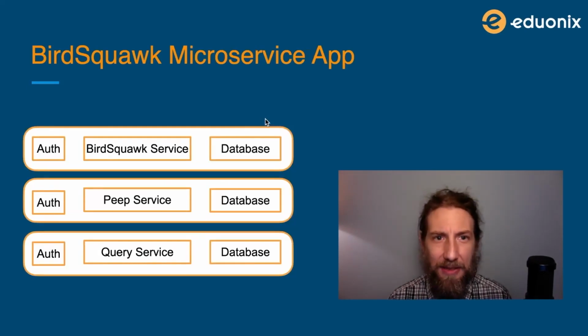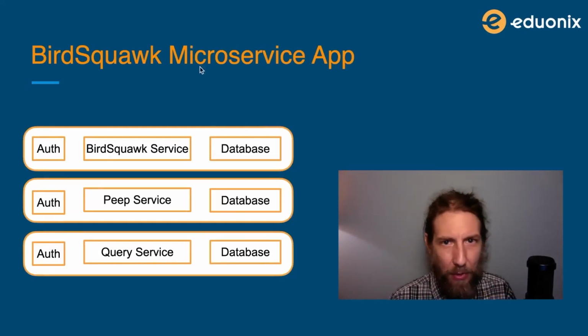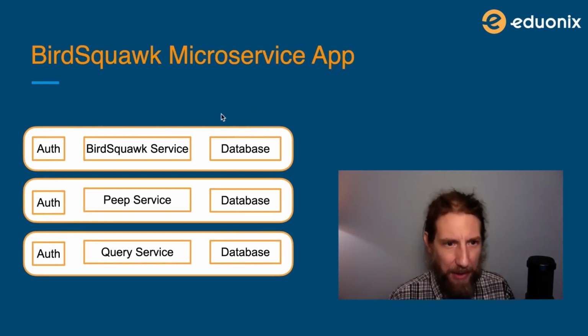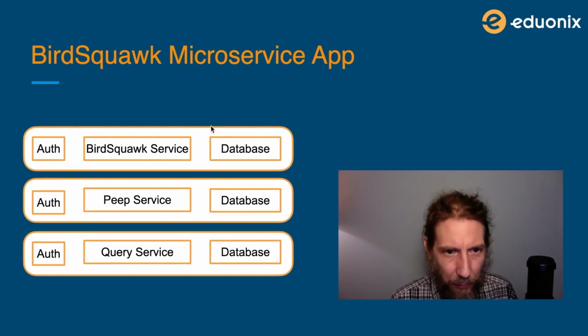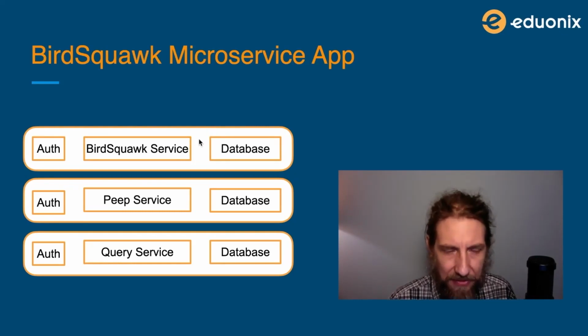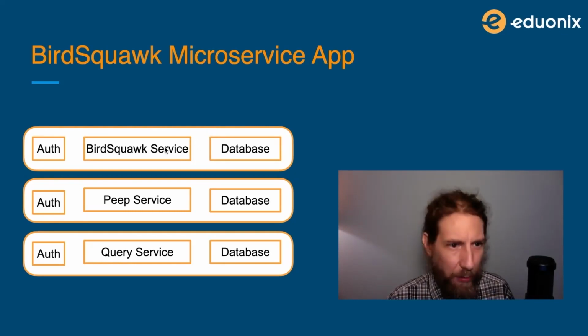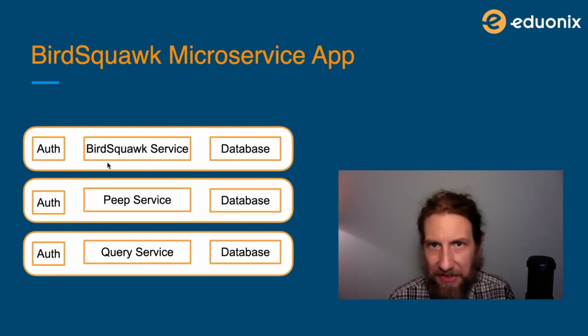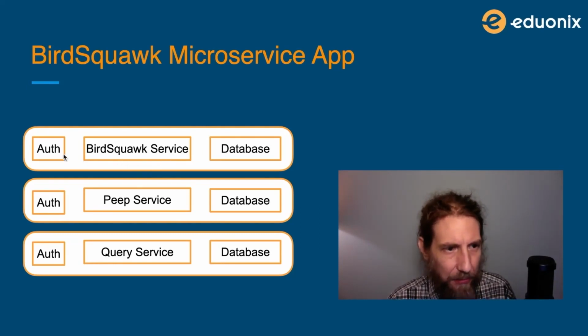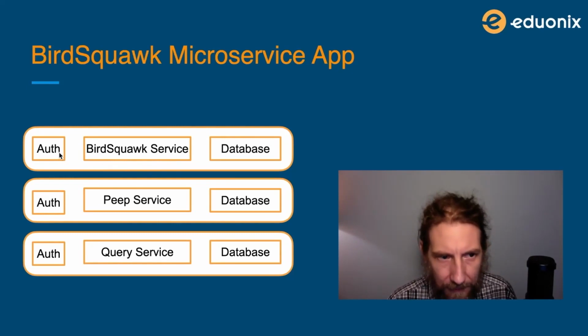So instead, we're going to build the BirdSquawk Microservice App. And a microservice app is built with each service being completely independent. It has to be a standalone service, so it needs everything that's required to function within the service so it can stand alone. The BirdSquawk service is going to need its own authorization middleware and its own database.